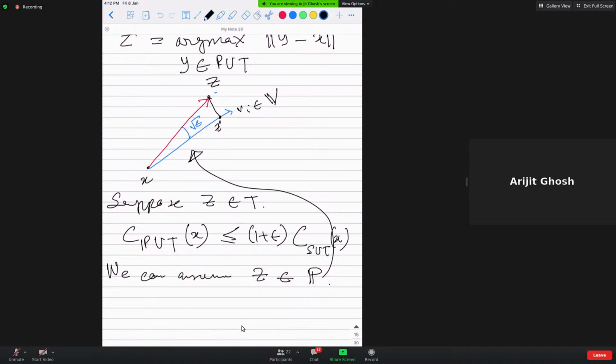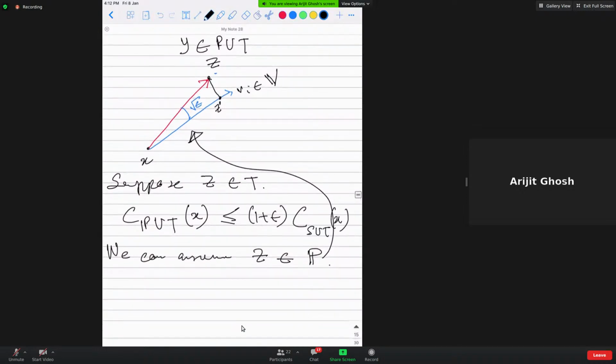See, the way we have constructed my set S, there will be a vector whose projection on Vi will be at least this.